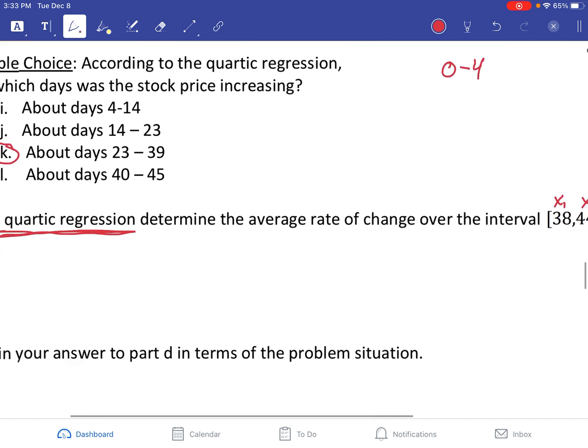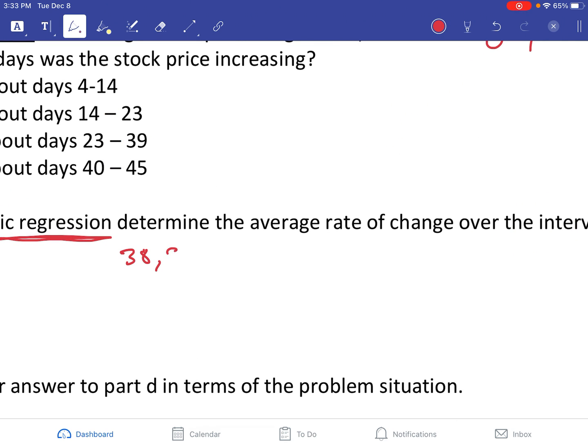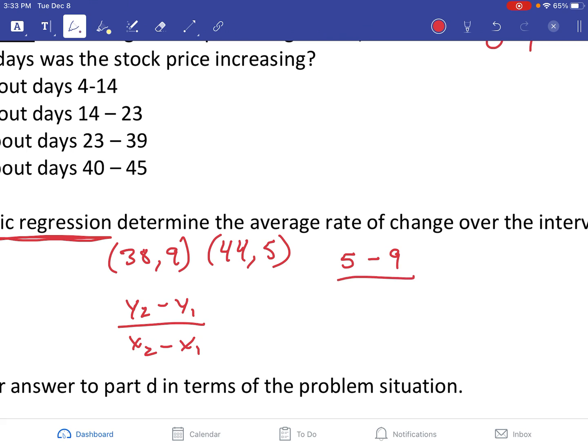Okay, so let's write it over here. We have 38, comma 9, and 44, comma 5. Now you're going to use the slope formula, y2 minus y1 over x2 minus x1, to find the slope between those 2 points. So y2, we're going to say that's 5 minus 9 over 44 minus 38.